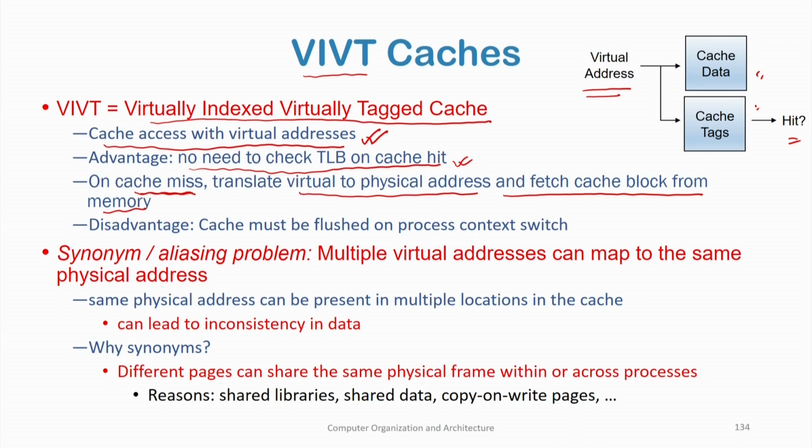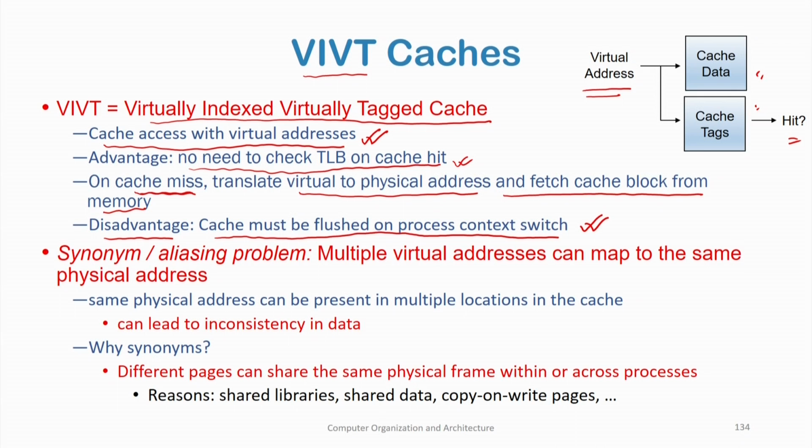The disadvantage of this scheme, there are a few disadvantages. The first big disadvantage is that the cache must be flushed on process context switch. Remember that each process has the same virtual address space. So, it is very common that the same set of virtual addresses will be generated for each process, and the virtual addresses of different processes may mean different things. Virtual addresses are local to the process.